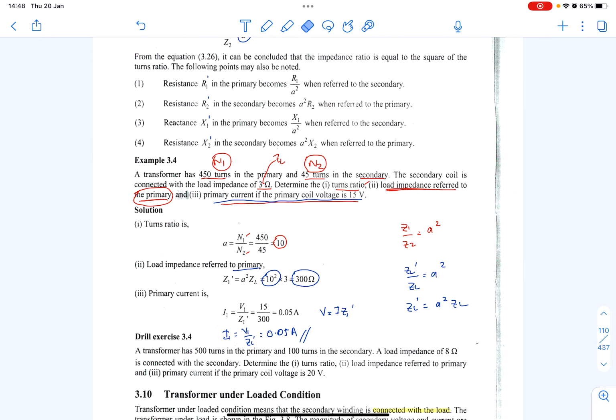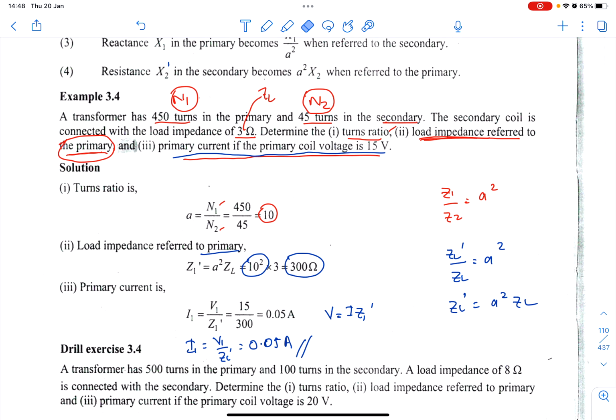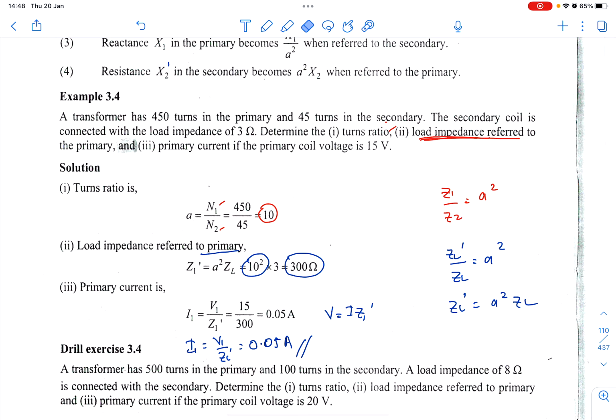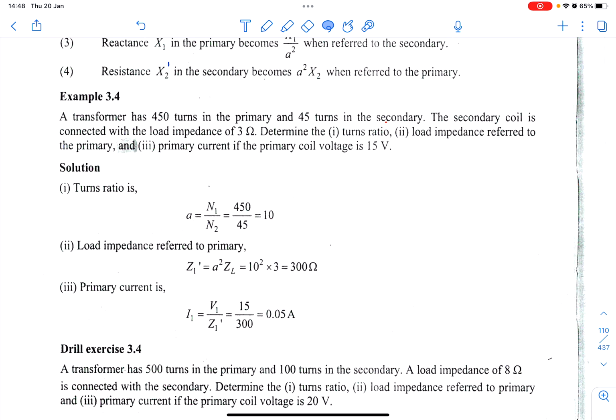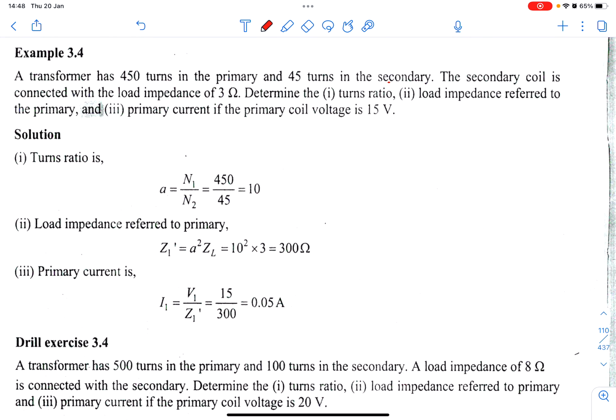So let's look at an example di sini. Okay, so example 3.4: a transformer has 450 turns in the primary side and 45 turns in the secondary.